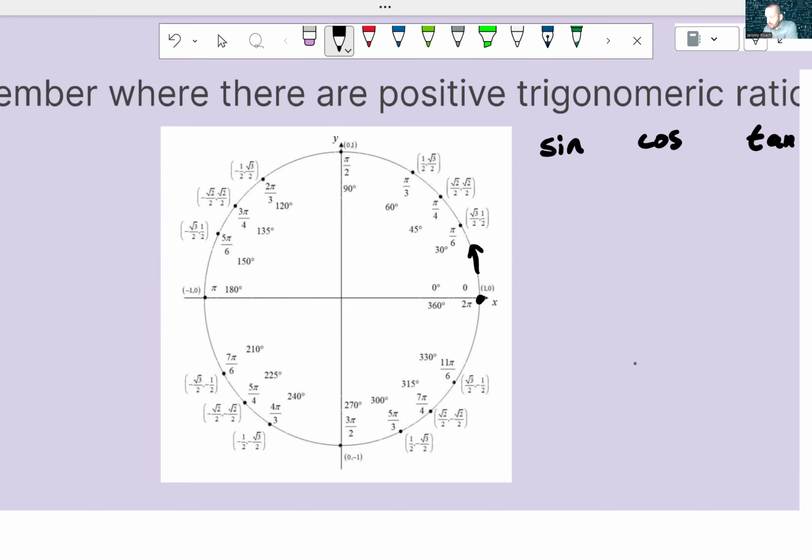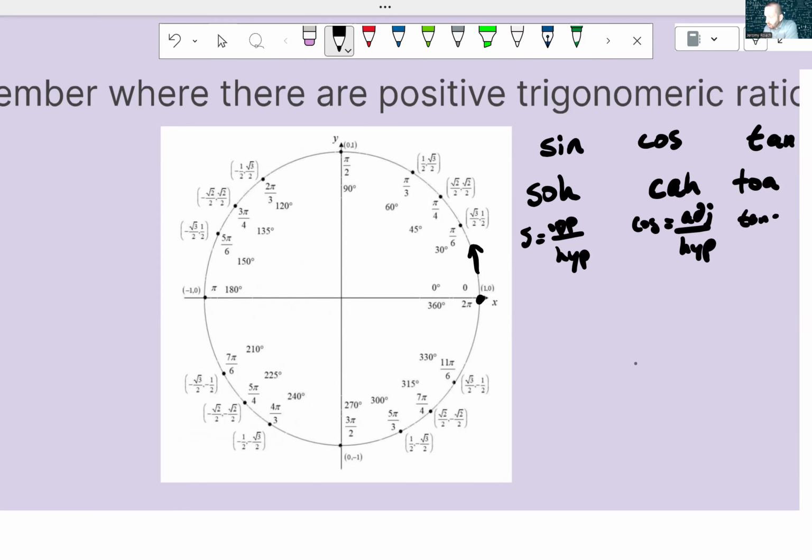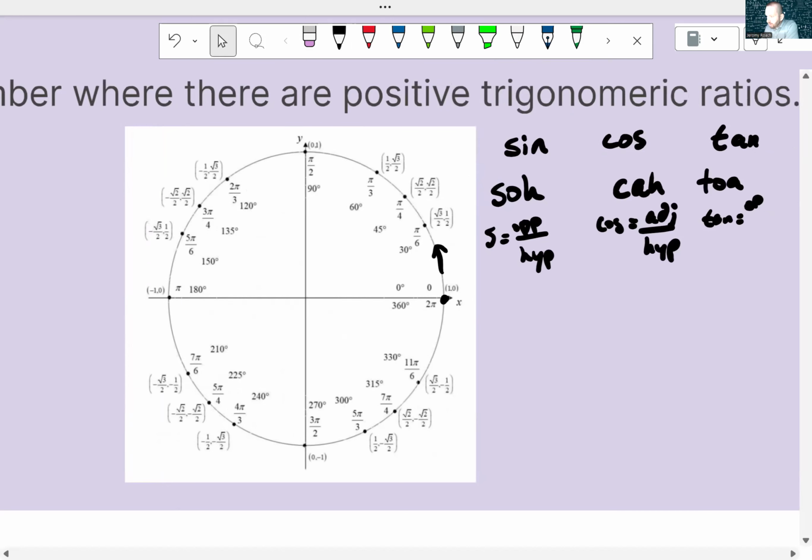So sine is, if you remember the acronym SOHCAHTOA, sine is opposite over hypotenuse. Cosine is adjacent over hypotenuse. And tangent is opposite over adjacent.